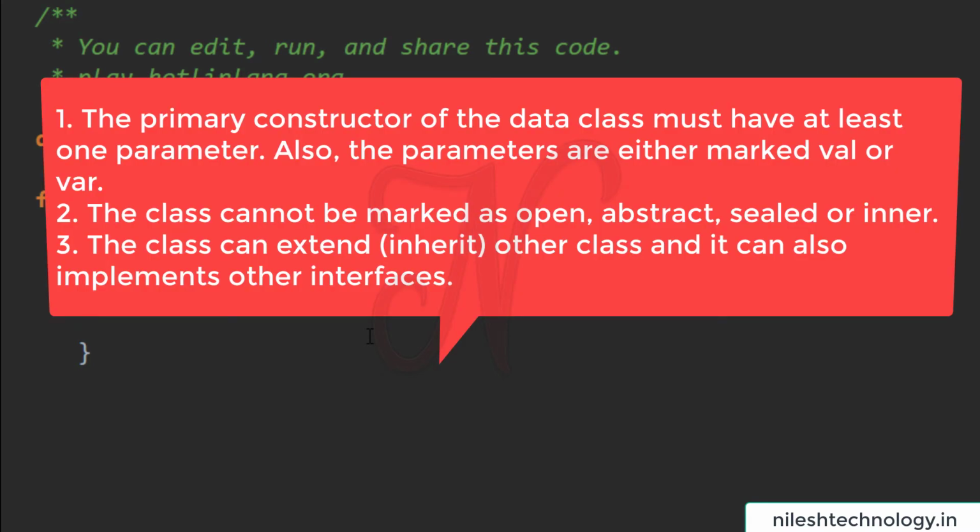First, the primary constructor of the data class must have at least one parameter. Also the parameters are either marked val or var. The class cannot be marked as open, abstract, sealed or inner. The class cannot inherit another class. So these are some rules of a data class.